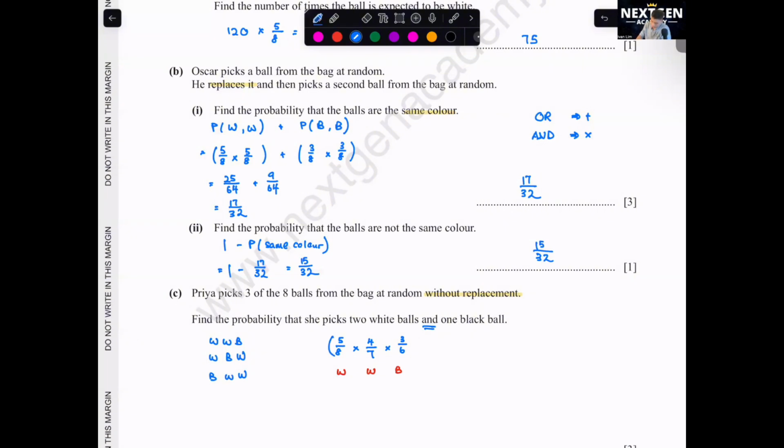Then these 3 values, we multiply by 3 because there are 3 different scenarios here. All right? This is how we get the 3 marks. Go and calculate it. You just type in the calculator, 5/8 times 4/7 times 3/6 times 3. We'll get 15/28.